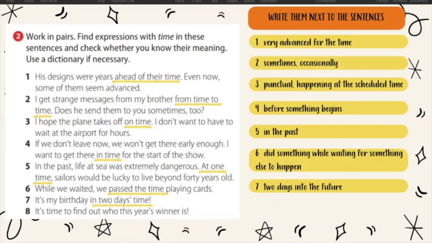Number 8, it's time to find out who this year's winner is. It's time. So the meaning is the moment for something has arrived. So if you haven't finished copying the meaning, pause the video and finish, please.